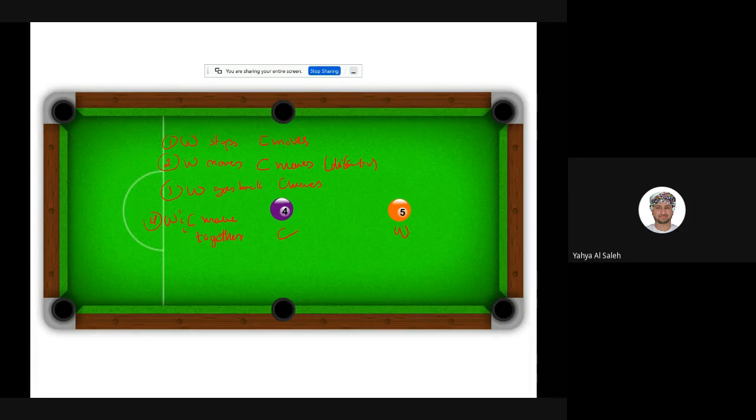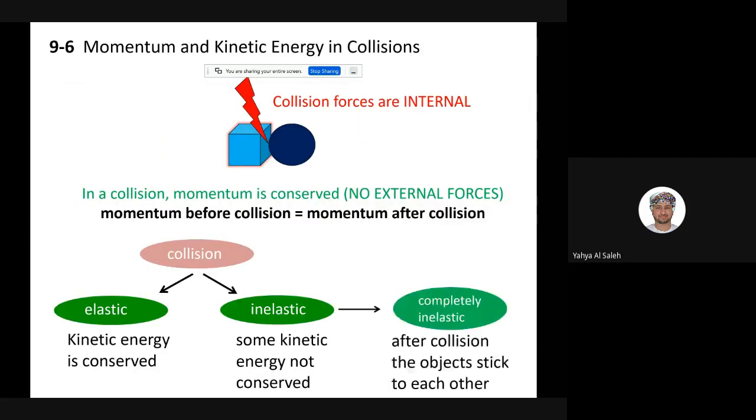Now, turns out each one of these is because of one of these types of collision. While momentum is conserved, kinetic energy is not always conserved. If we have an elastic collision, momentum is conserved and kinetic energy is conserved completely.